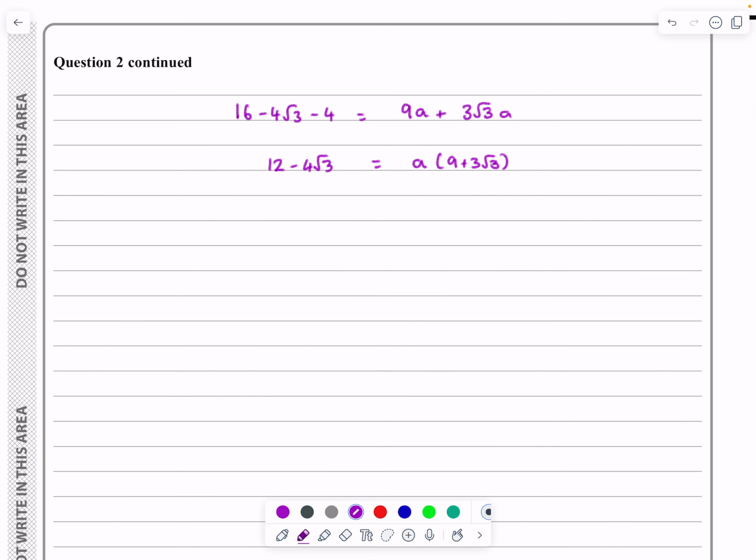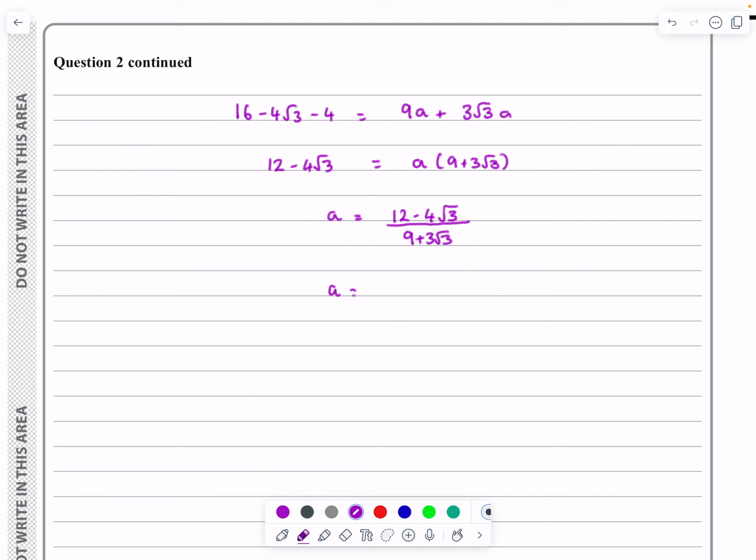And so I'm going to get that a works out to be equal to 12 minus 4 root 3 all over 9 plus 3 root 3. There are very many other ways of doing this, as long as you get the same answer with me at the end. If you've done this in a slightly different way, that's absolutely fine. No problem at all here.